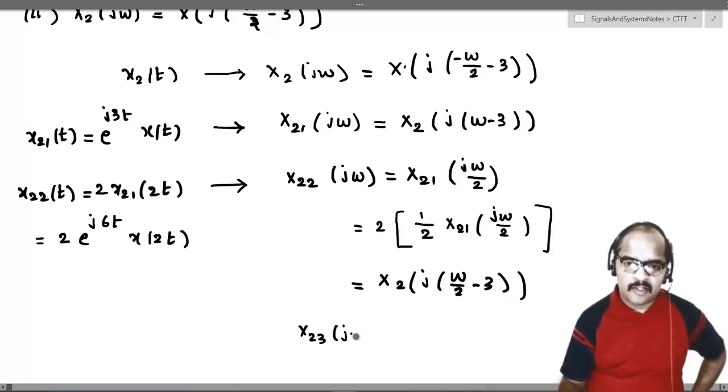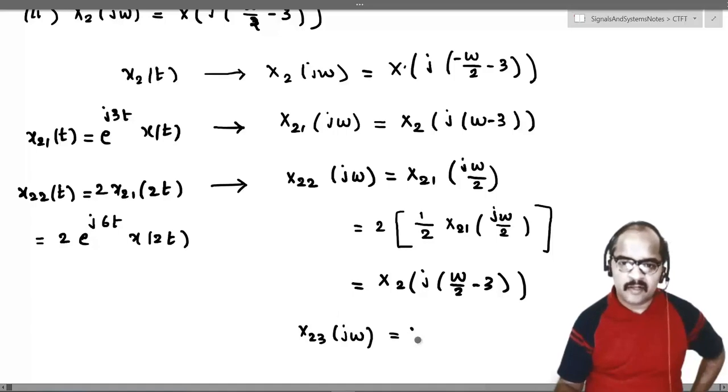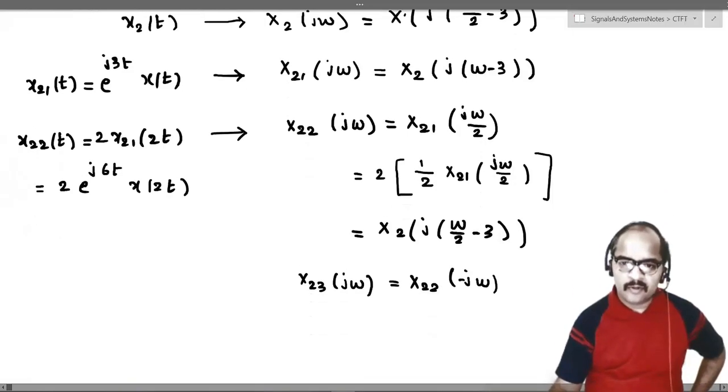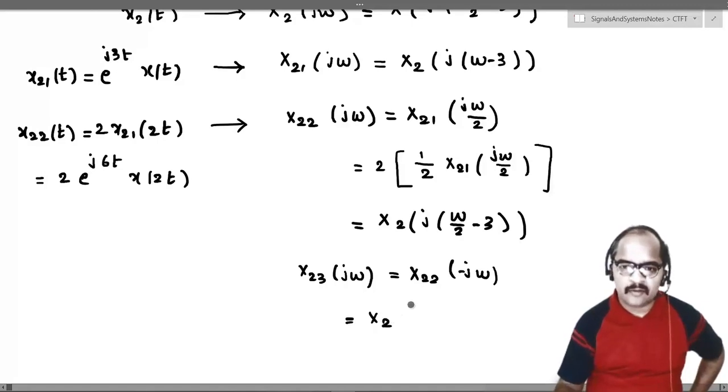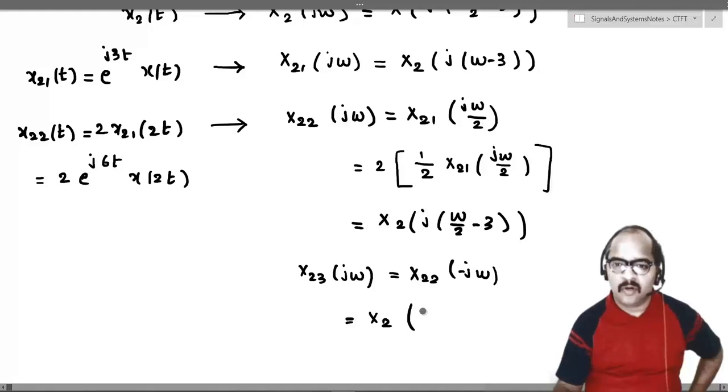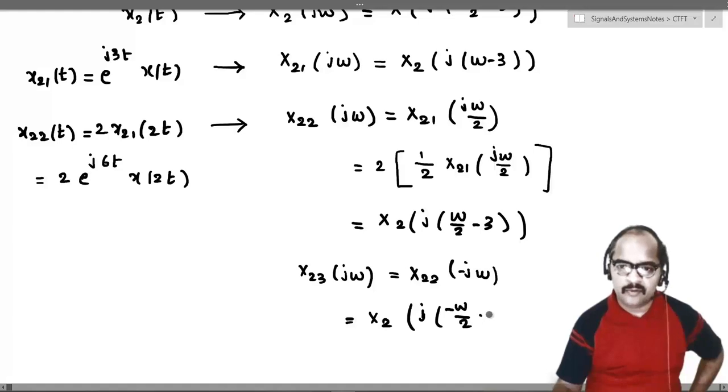x23 of j omega, which is equal to x22 of minus omega. So if x22 of omega is this, x22 of minus omega should be equal to x2 of j times, wherever there is omega, replace with minus omega by 2 minus 3.